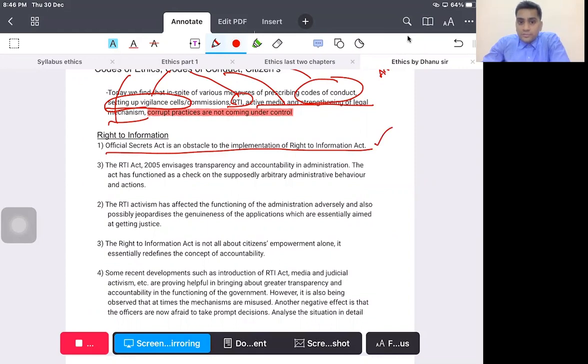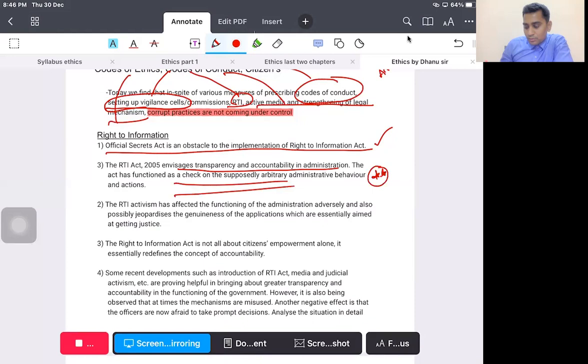The RTI Act 2005 envisages transparency and accountability in administration. Right? You can use the same sentence: transparency and accountability in administration. That has functioned as a check on supposedly arbitrary administrative behaviors and actions. Very important. This is a positive of RTI.